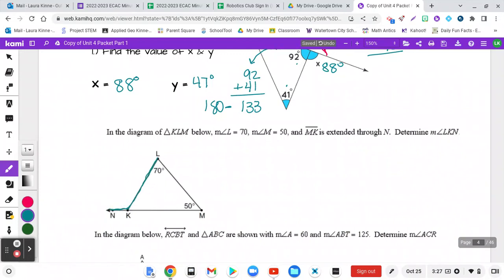Again, tomorrow I'll show you a shortcut, but for now, we see that we have a triangle. So if I take the 50 and the 70 and add them together, I get 120. All right. And then if I want to figure out what the other angle is, subtract it from 180.